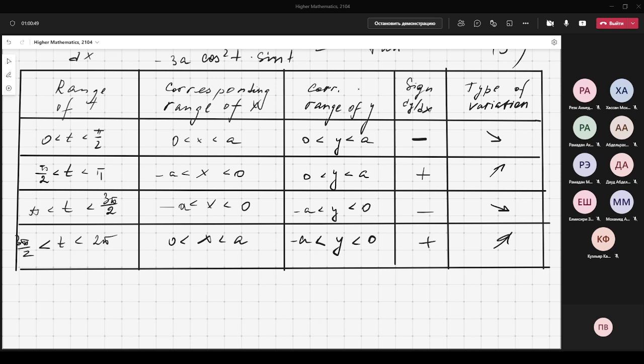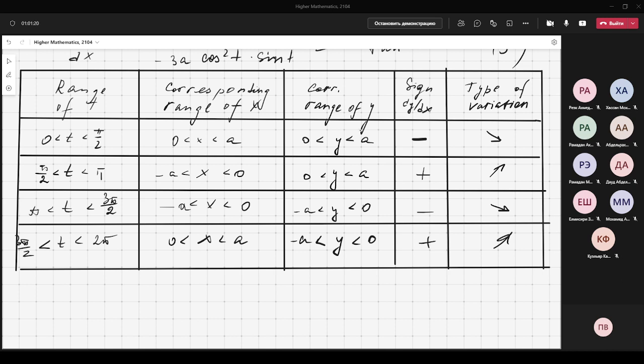From the table, it follows that equation 1 prime defines two continuous functions of the type y equals f of x. For t from 0 to pi, y has positive sign, see the first two lines of the table. For t from pi to 2 pi, y has negative sign, see the last two lines of the table.